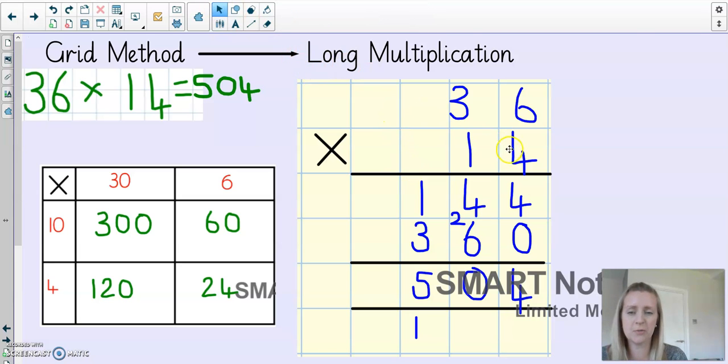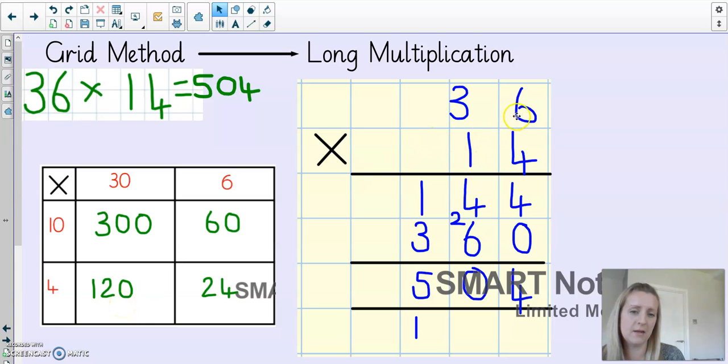But what I want to show you is just how these two methods link together. So the first thing I did was 4 times 6. If you look over at the grid, there is 4 times 6. There's my 24. I also did 4 times 30. If you look over here, there's 4 times by 30.